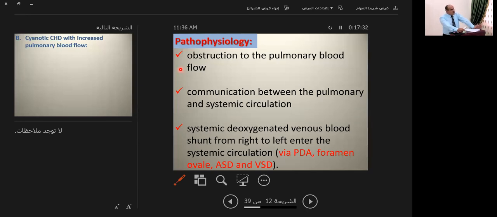This is what we call right to left shunt: the deoxygenated blood is returned back to the left side of the body. Instead of oxygenated blood, deoxygenated blood enters, so cyanosis occurs.